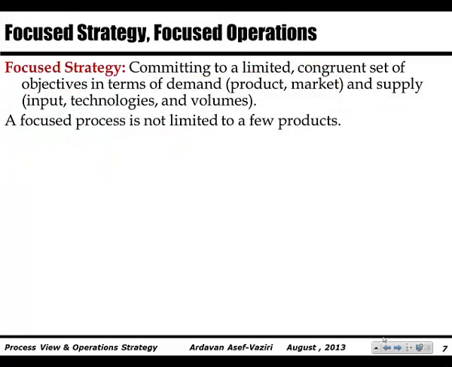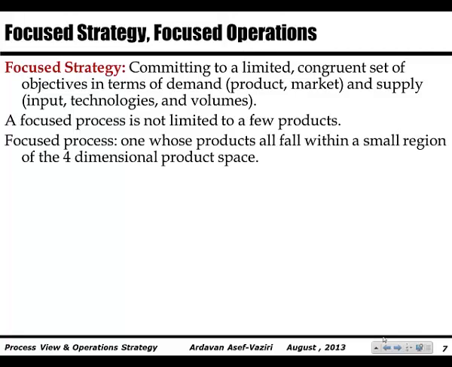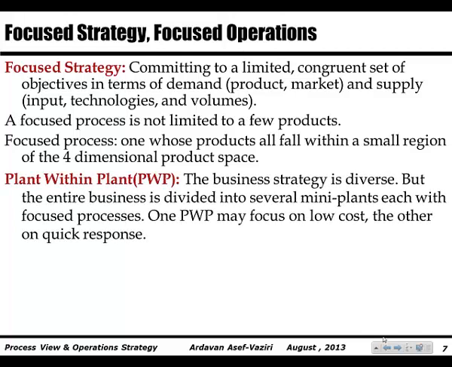A focused process is not limited to few products. A focused process is one whose products all fall within a small region of the four-dimensional product space. If they are not falling into a small portion of that space, then we need to have plant within plant, or PWP.